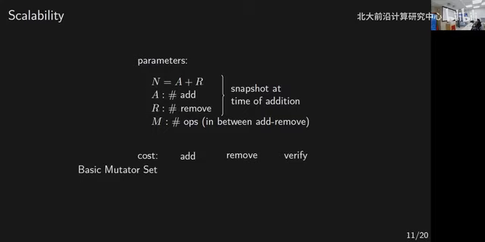So the basic mutator set is very good for adding because you just broadcast your item. It's not very good for removing because you need to prove membership in a very large list. And in order to verify that proof, you need to read the very large list.